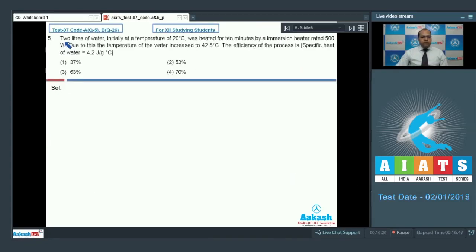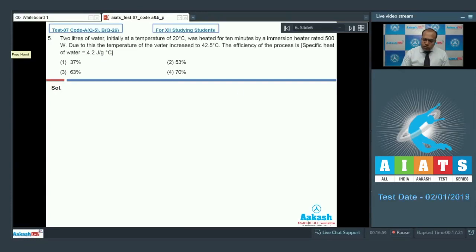In question number 5, 2 liters of water initially at a temperature of 20 degrees centigrade was heated for 10 minutes by an immersion heater rated 500 watt. Due to this, the temperature of the water increased to 42.5 degrees Celsius. The efficiency of the process is, and it is given in the question, specific heat of water is 4.2 joule per gram degree Celsius.